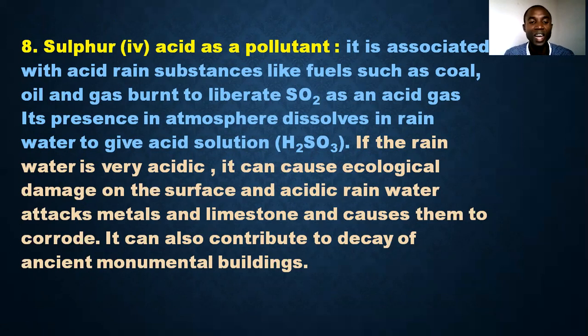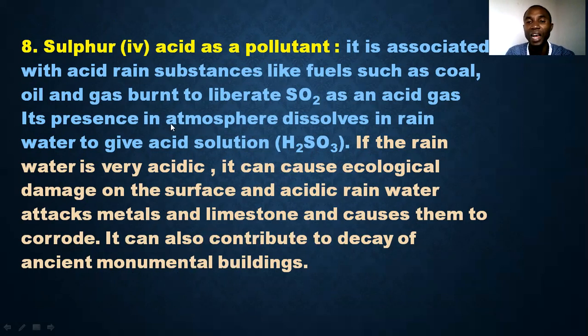If the rainwater is very acidic, it can cause ecological damage on the surface, and the acid rain attacks metal and limestone and causes them to corrode. It can also be attributed to the decay of ancient monumental buildings.